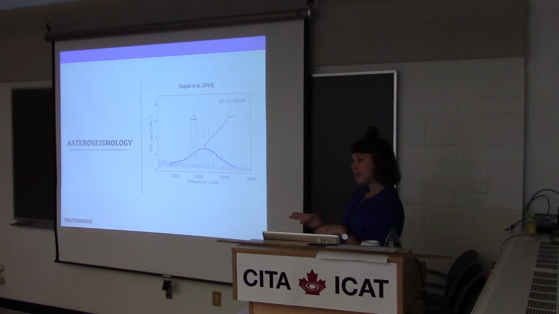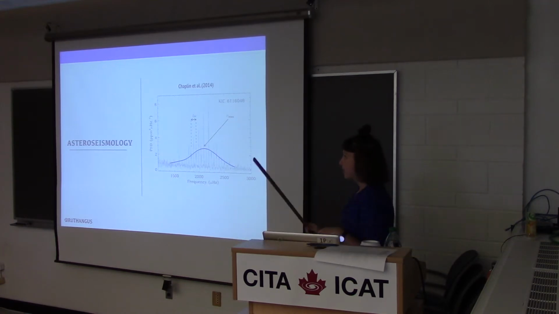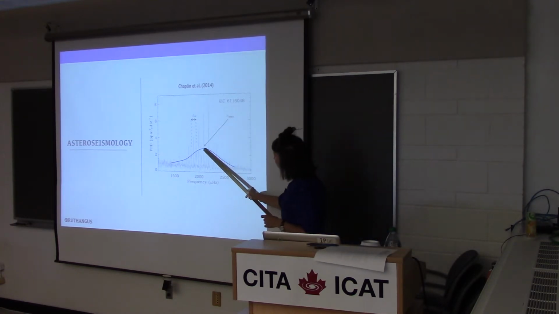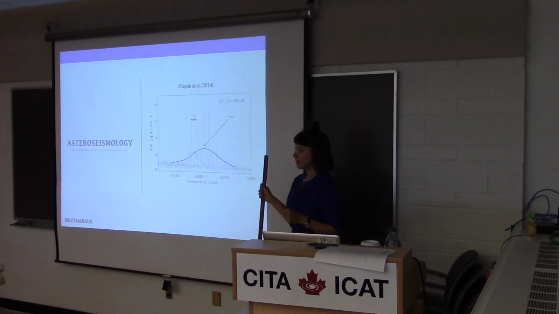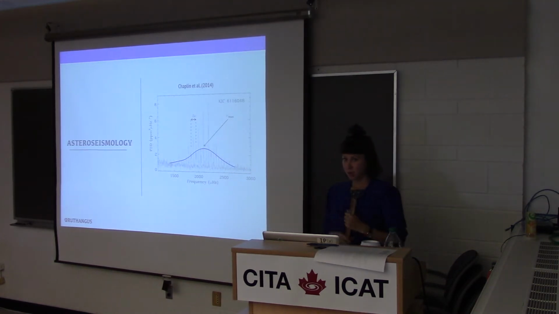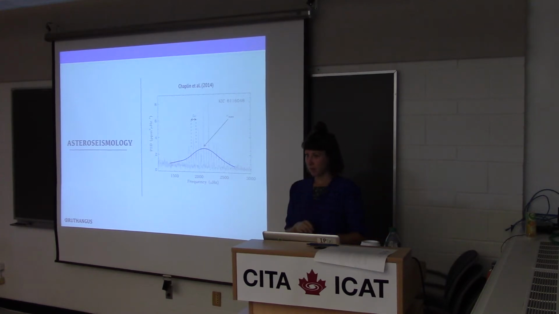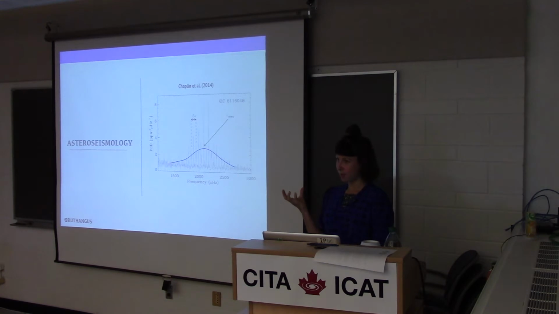There are two ways that you can infer an age from one of these power spectra. In the highest signal to noise cases, you can measure the positions of these peaks in frequency. Each one of those peaks is produced by a different oscillation mode in the star, and each oscillation mode probes a different depth in the star.